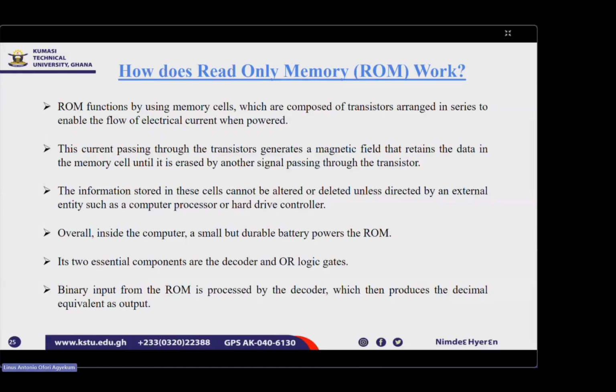And so within the computer, there is a small durable battery that powers the ROM. And it has two components that are very essential for its operation. And these are the decoder and the OR logic gates.